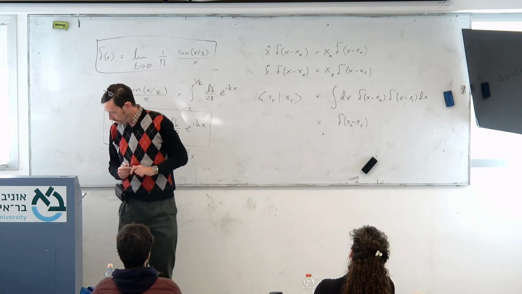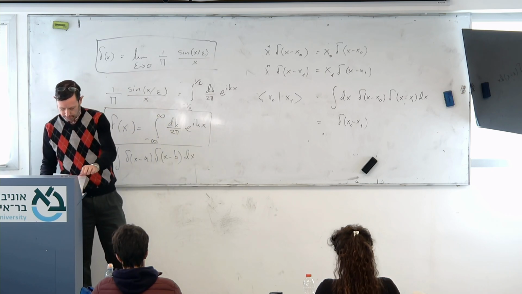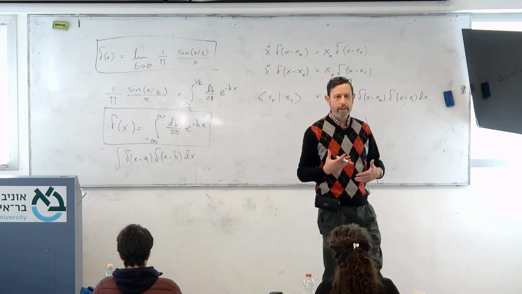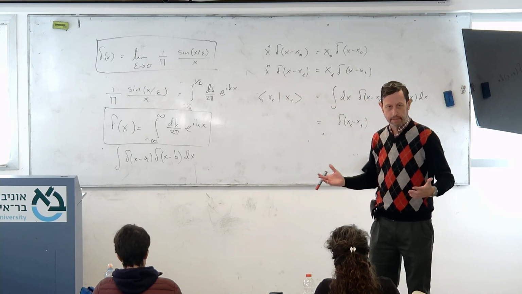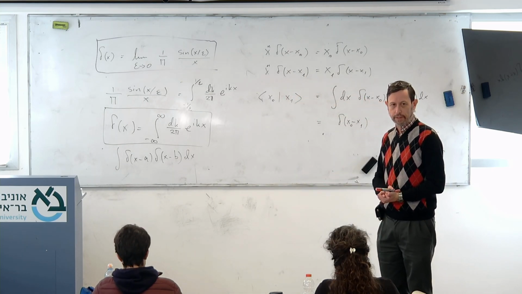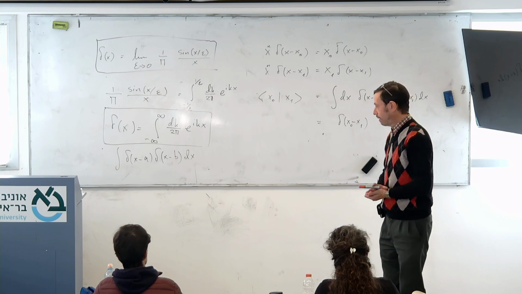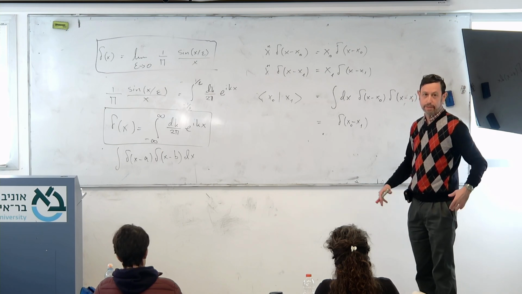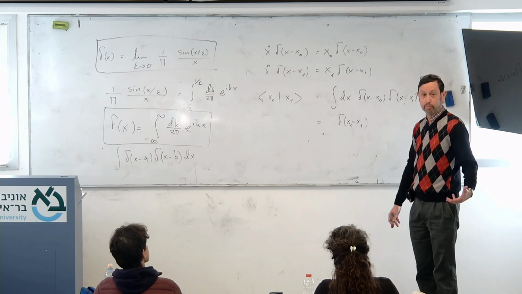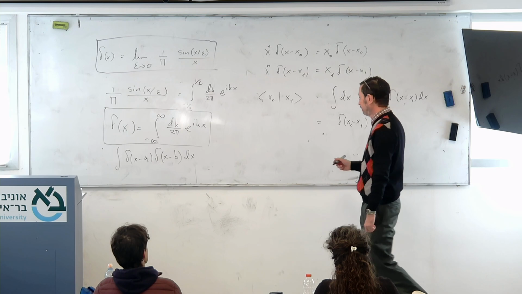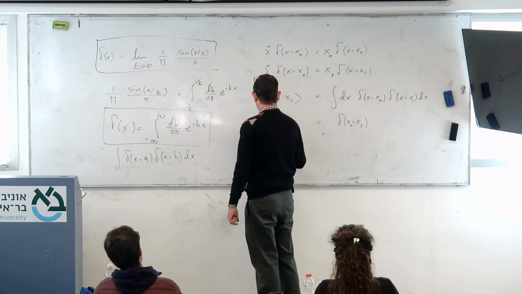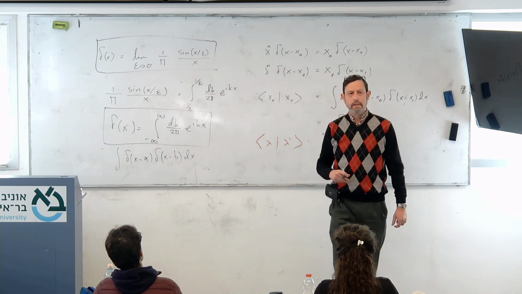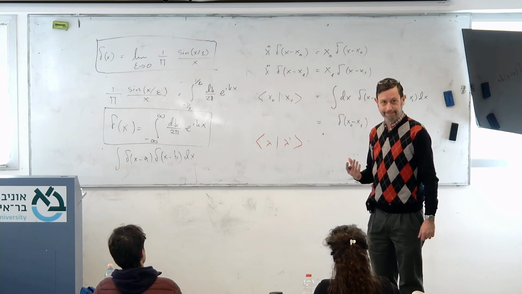So, Dirac, when trying to define quantum mechanics in the language of linear algebra, was hit by this problem and came up with an elegant but problematic solution. You have two eigenvectors that are in a continuum.